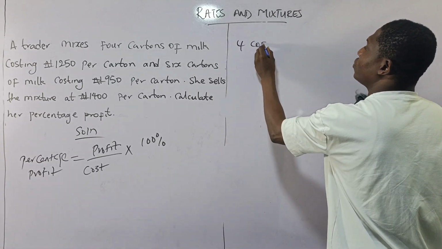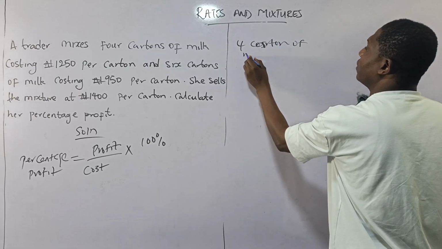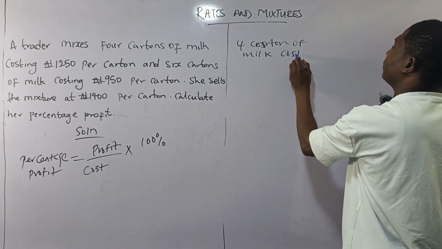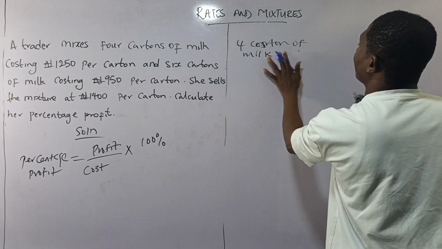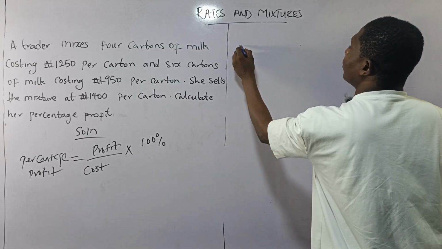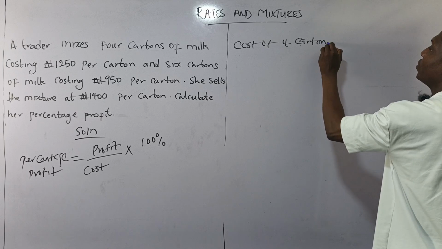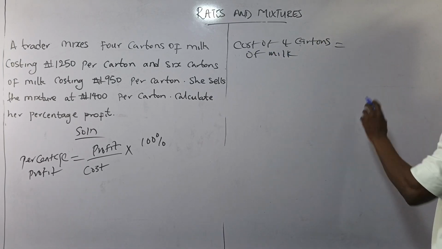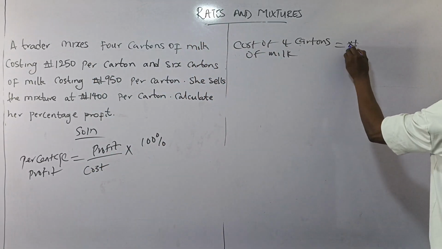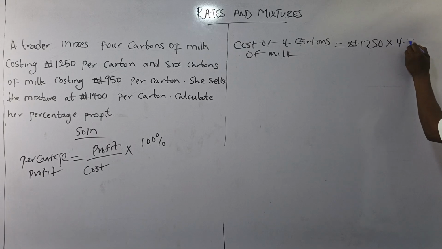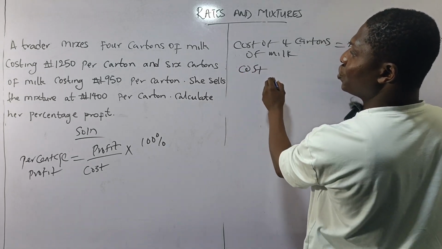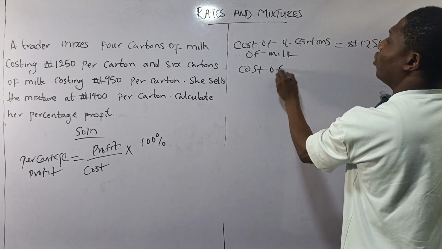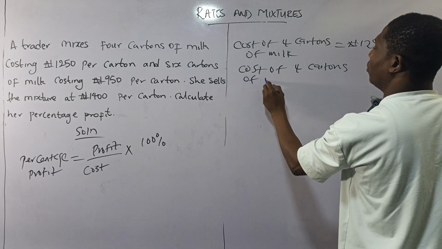That's to say the cost of 4 cartons of milk will be equal to the price per carton times 4, which is 1,250 naira times 4, which equals 5,000 naira. 5,000 naira is the cost of 4 cartons of milk.